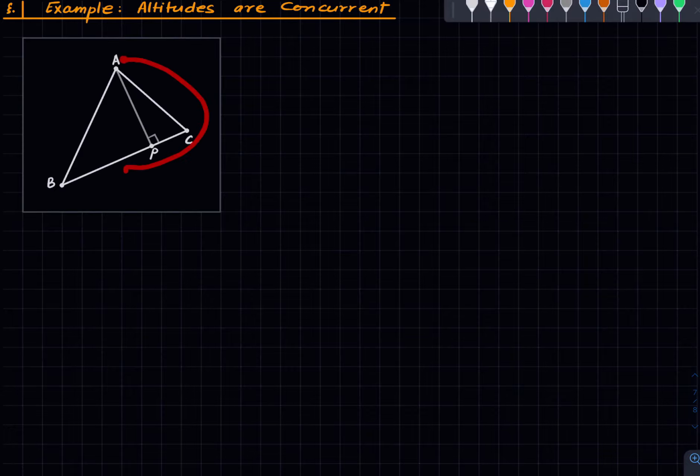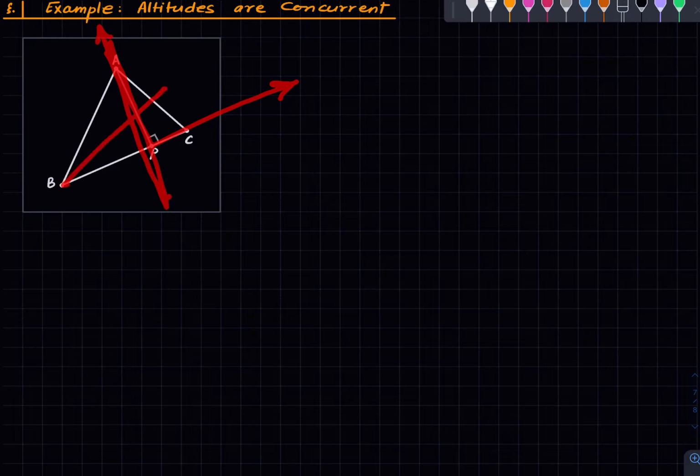But here you can save some of your computation by choosing the coordinate axes properly. You can choose the origin here, choose this as the x-axis and that as the y-axis. Therefore, it will be easy to write down the equation of this altitude. This is just x equals 0.